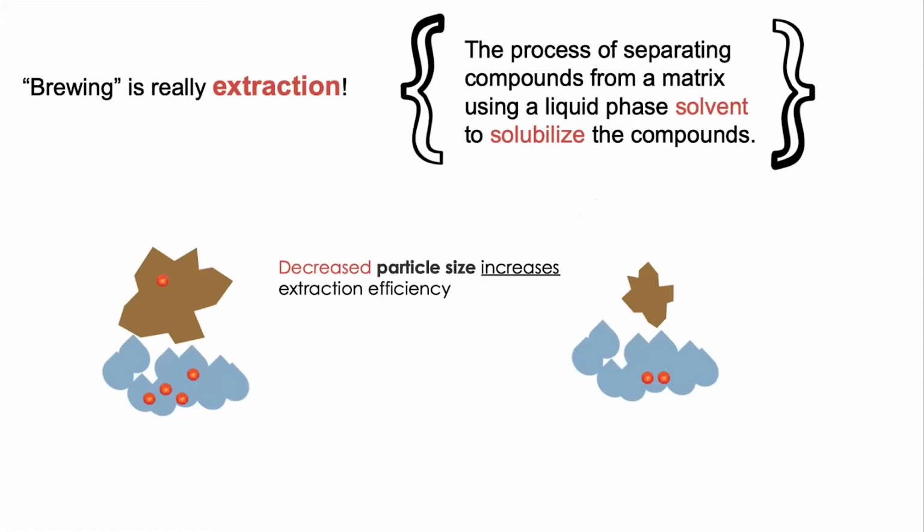Number one is fines are not desirable in a lot of brewing procedures, especially French press, because they tend to escape the plunger. The plunger only goes down to usually about 72, 73, maybe 100 micron size, and it doesn't stop the fines.